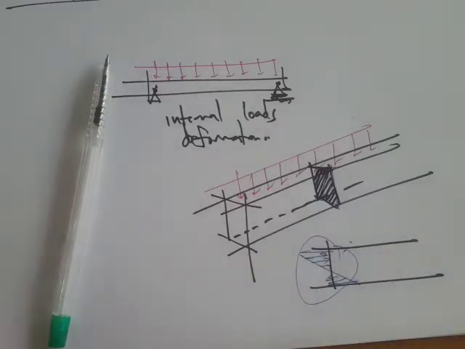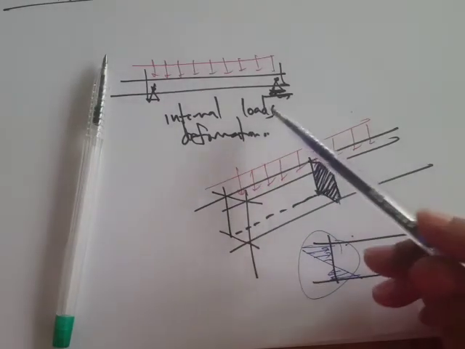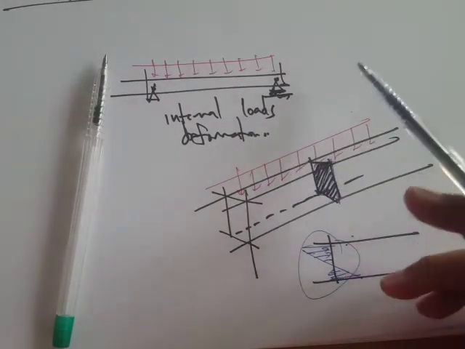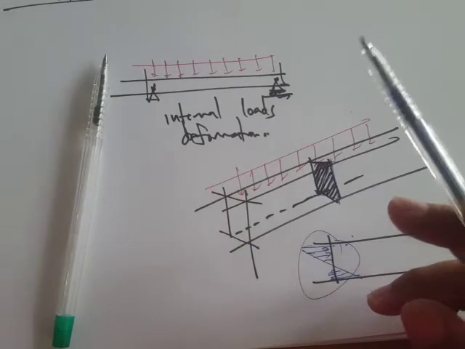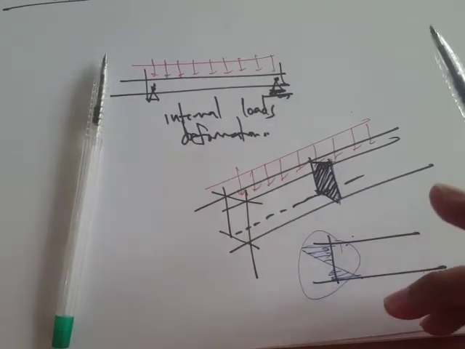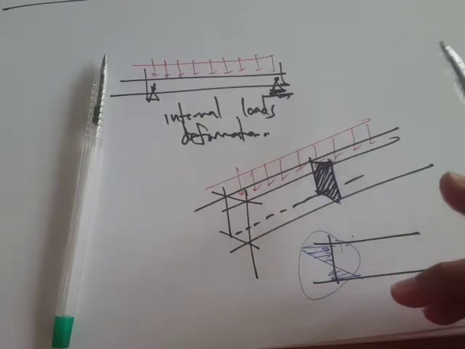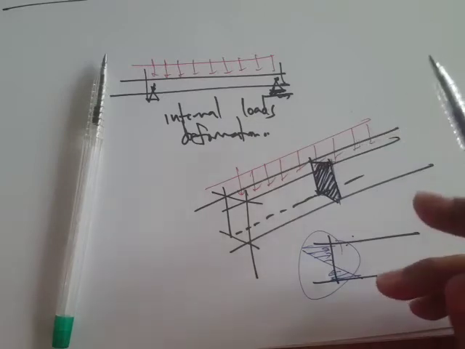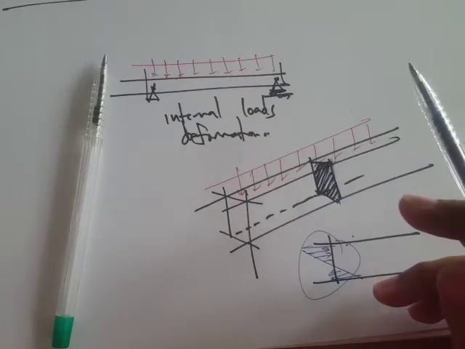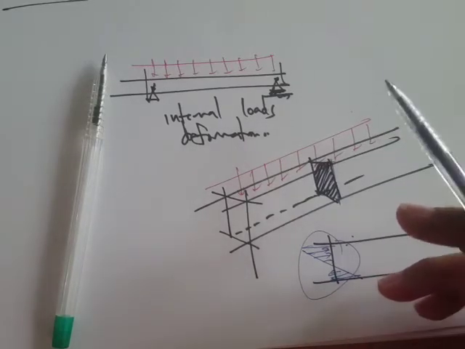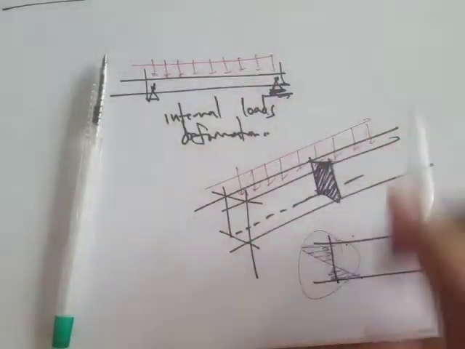So again, when we talk about internal loads and deformations, we still think about three-dimensional movements as well. So rotation, or moment reactions. I mean, not moment reactions, internal bending moments.